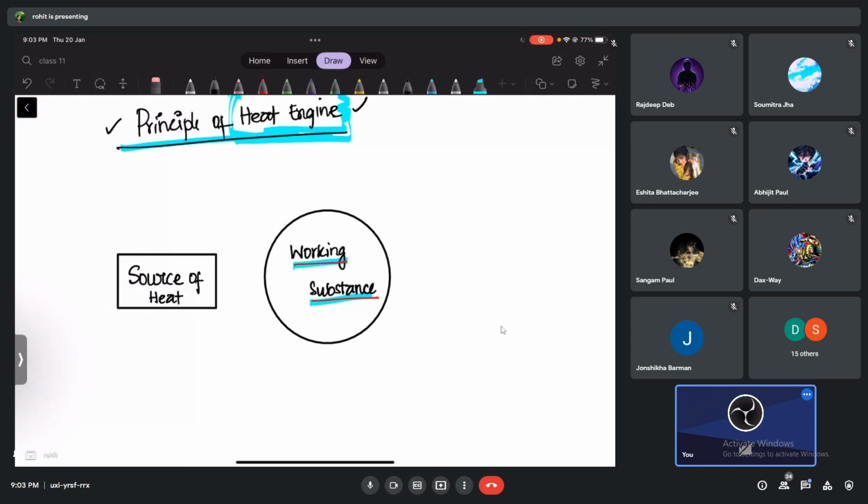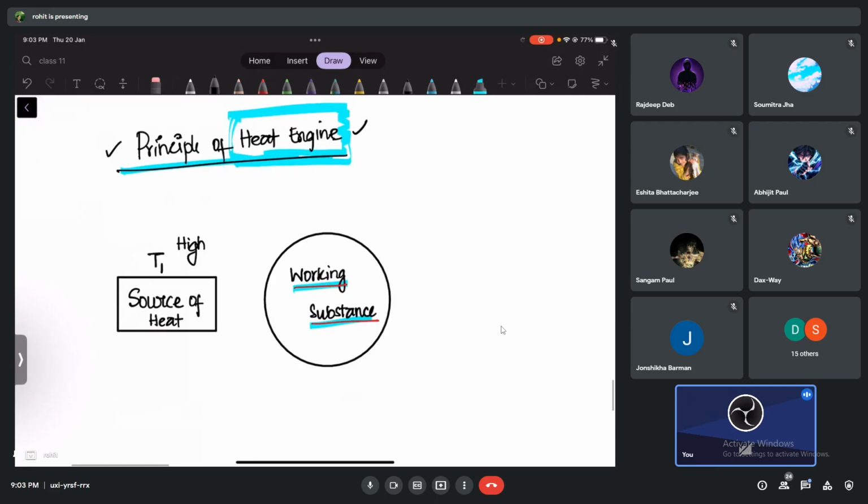It should be high or low? High. Let's call it T1. It should be high. You cannot take energy from a cold place and expect a steam engine or petrol engine to work. The source of heat, from where the working substance is going to take the heat, should have what kind of temperature, guys?